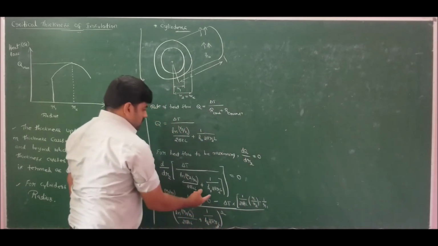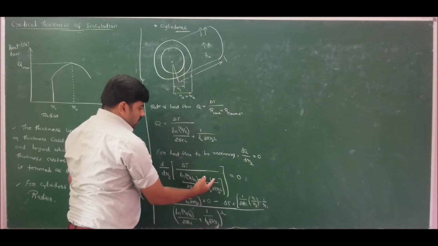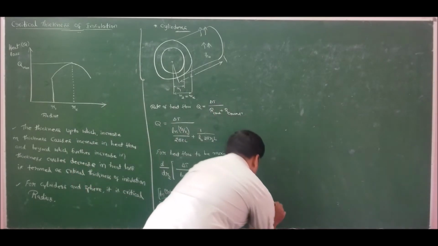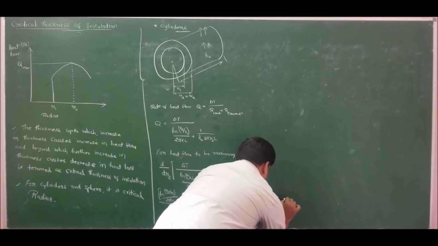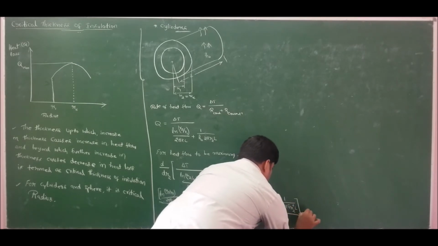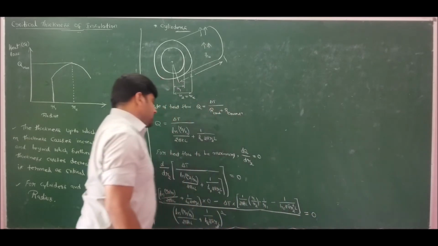Now for this term, which is of the form 1 by x, the differentiation of 1 by x is minus 1 by x square, so minus 1 by h naught 2 pi R2 square L. So this is what I get from the quotient rule of differentiation.